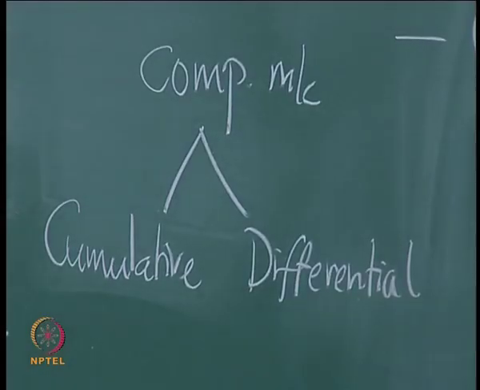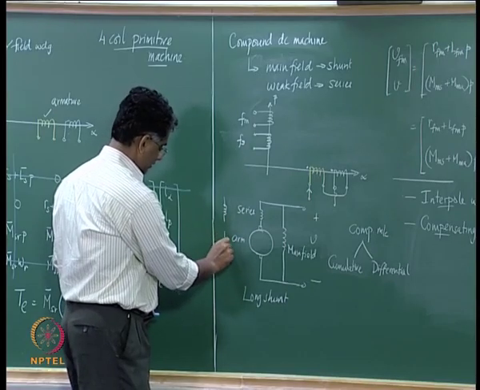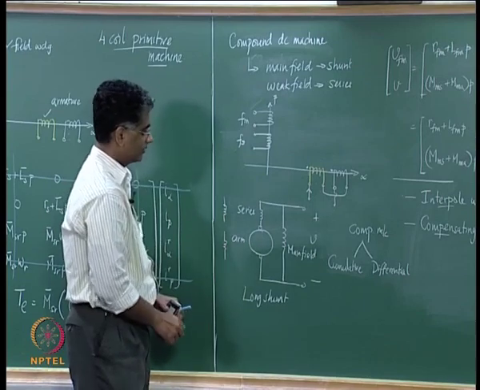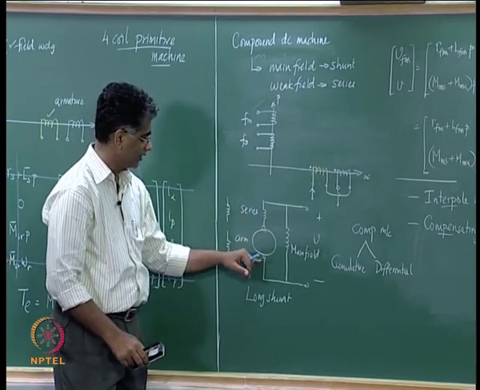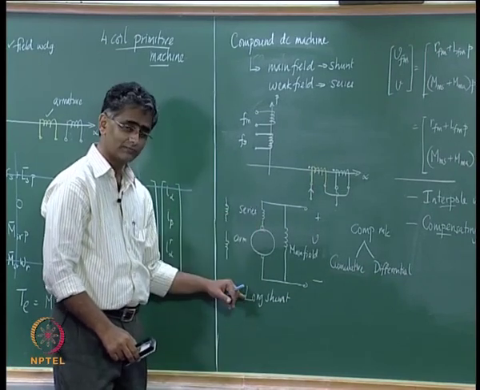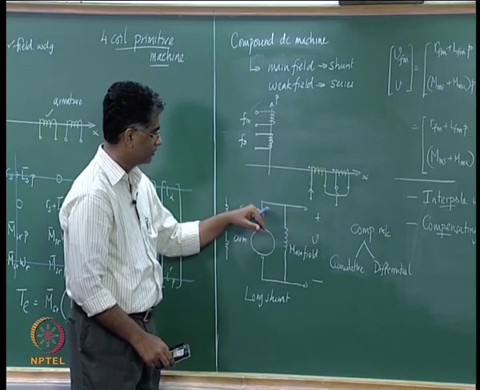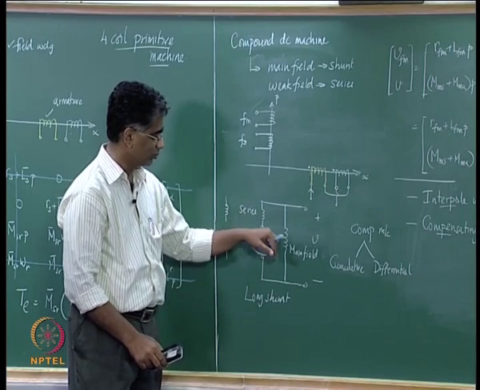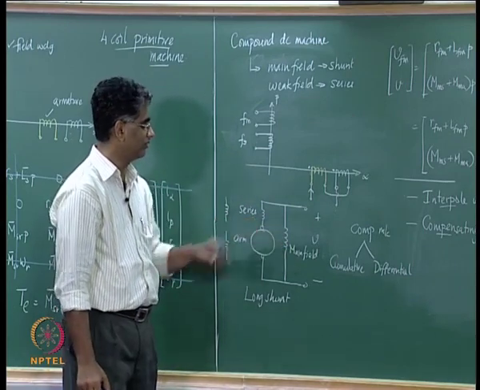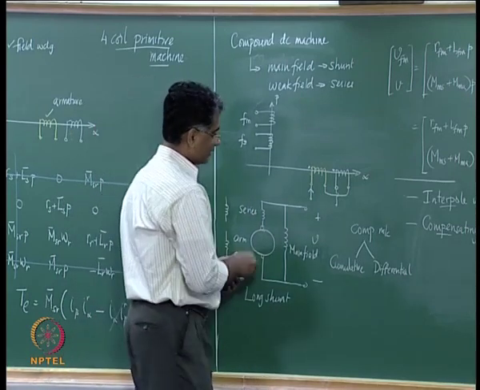This would mean that if you have the main field here and the armature field here, we know that these two are going to be connected in series. So, the issue is whether this field winding is going to oppose the main field winding or aid the main field winding.